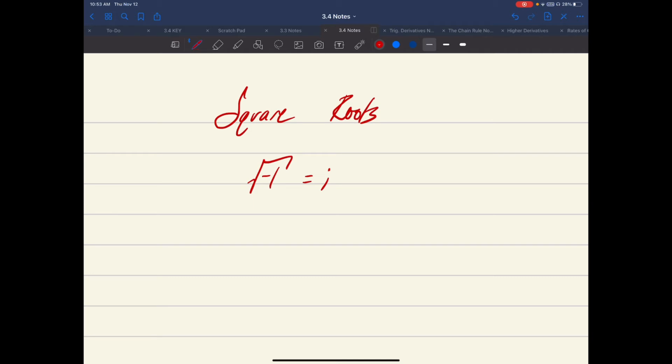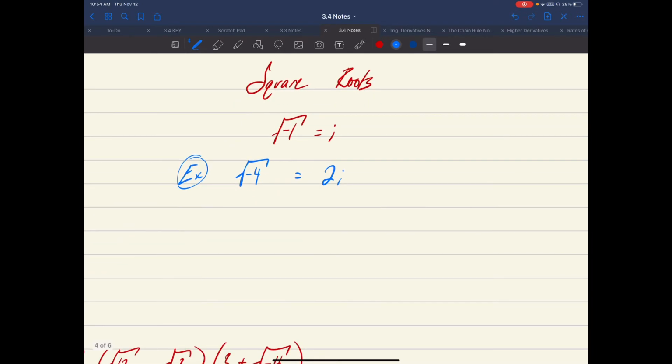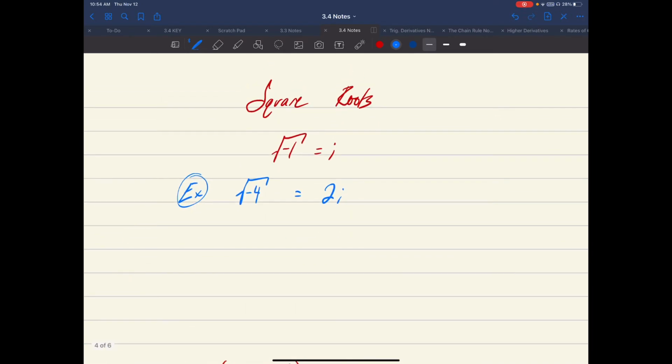Well, let's apply that to a couple of different things. What about the square root of -4? Well, we take the square root of 4, which is 2, but we're going to have an i attached to it. Okay, so any number like that, if you have the square root of -9, it's going to be 3i.